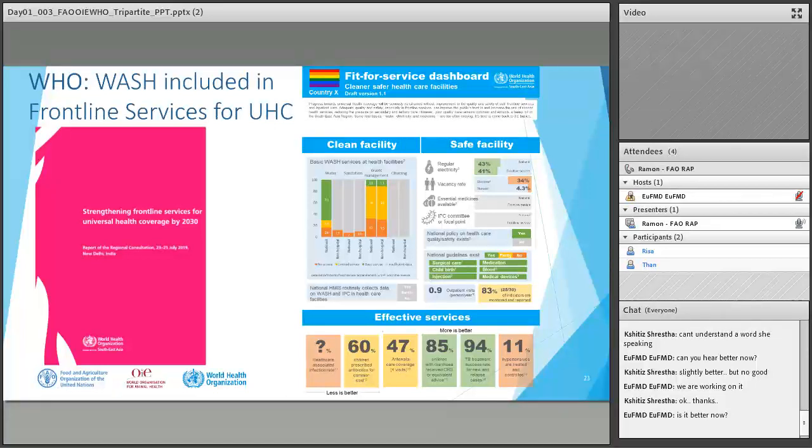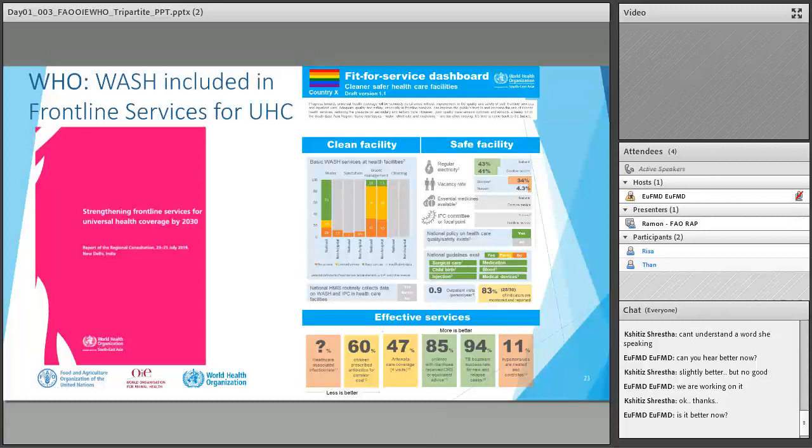So really trying to show at a very quick level the change over time, but also the difference between countries about clean facilities, safe facilities, and effective services. So it's really looking at the facilities, the performance, and what impact that will have on the services.